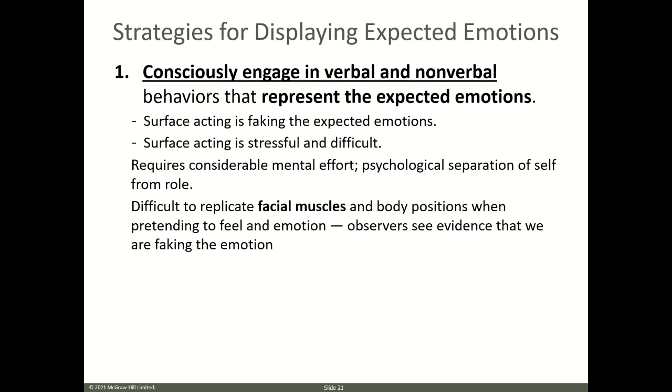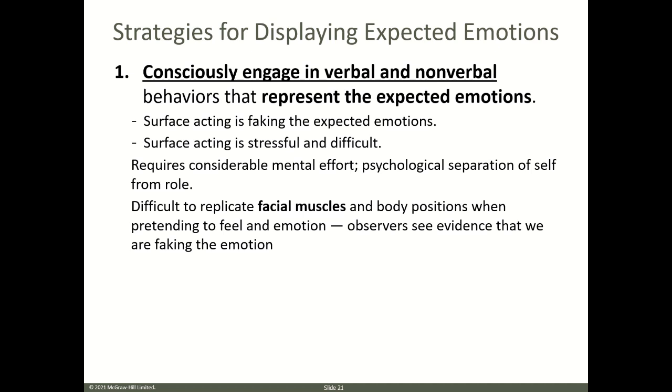Psychological separation of the self from the role. The role is there. I am just thinking about crying, but I have to laugh, right? I have to show that I'm happy. That means we are contradicting, a separation of self from the role. Now, sometimes it is difficult to replicate facial muscles.